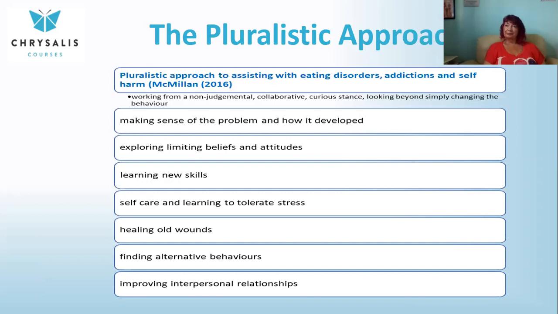And we're doing that equally with them. What do they think would help them? What could they try? And we're trying to improve interpersonal relationships. So making use of that social support can be difficult for some clients, and the therapeutic relationship can model what a good relationship looks like.